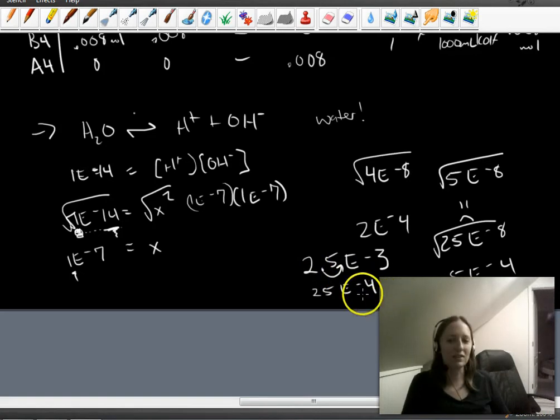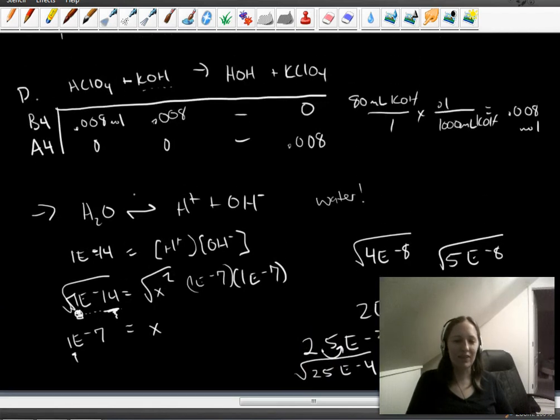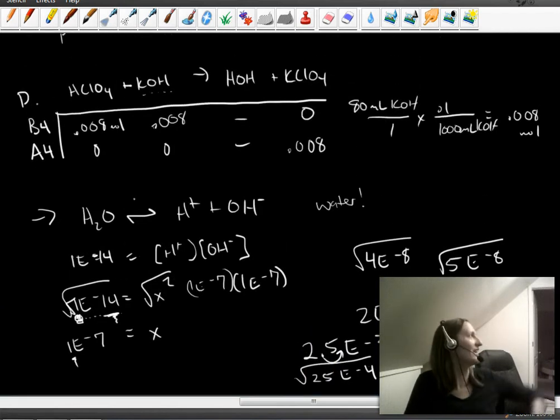Okay. And so that's square rooted 5e to the negative 2. So that's important to know because you are going to be expected to square root logarithm things in your head. Isn't that fun? The AP exam people are like, oh, they know how to do that. They can do that in their head.